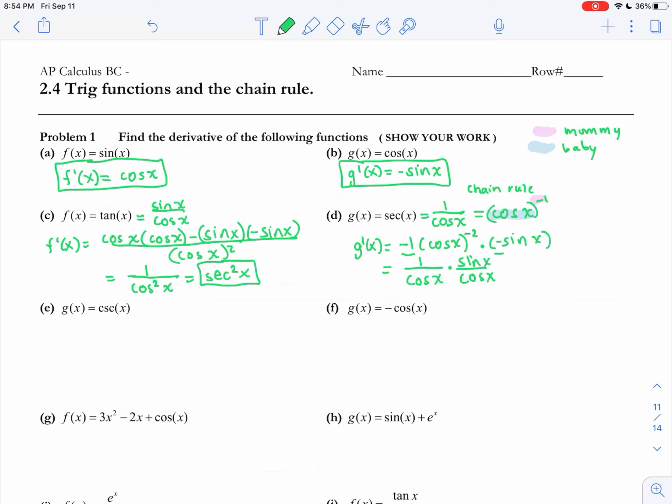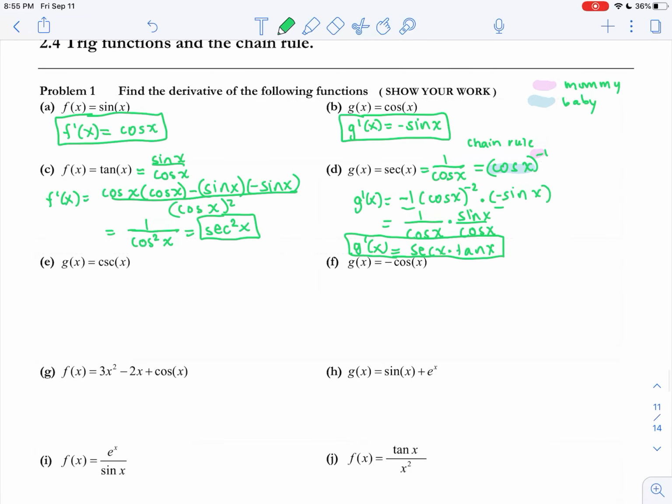Does everyone agree that says the same thing as the above? You have sine of x on top and cosine squared on the bottom. The reason why I did that is because 1 over cosine of x is secant of x, and sine of x over cosine of x is tangent of x. So our derivative for secant of x is equal to secant of x times tangent of x.